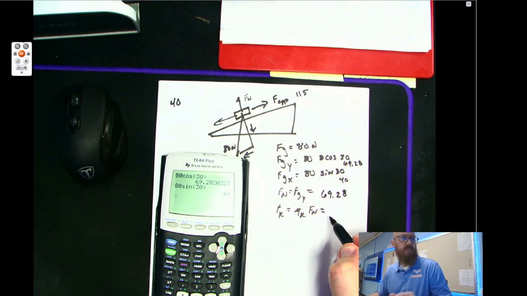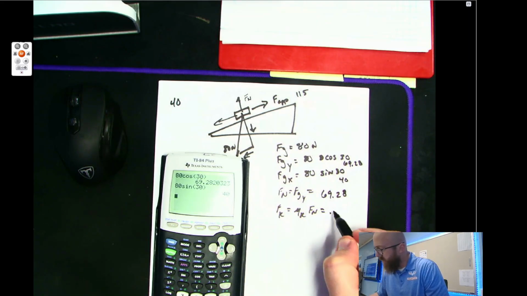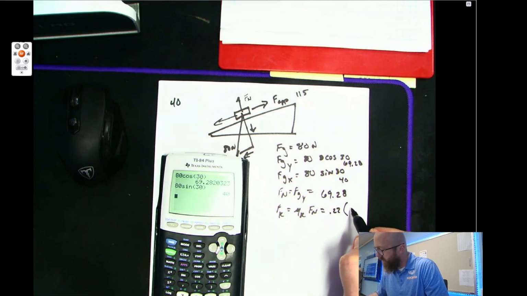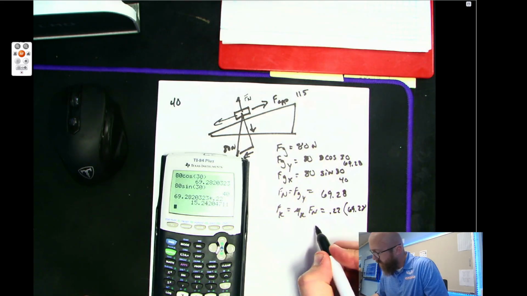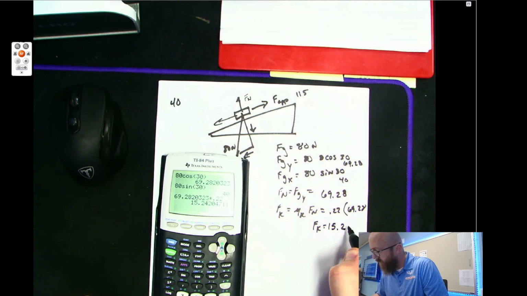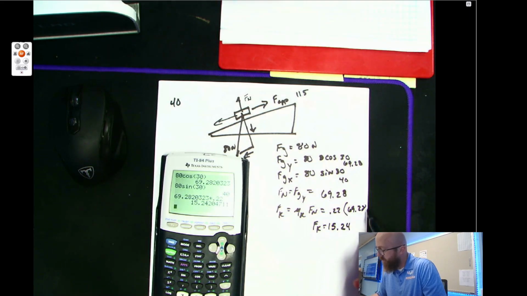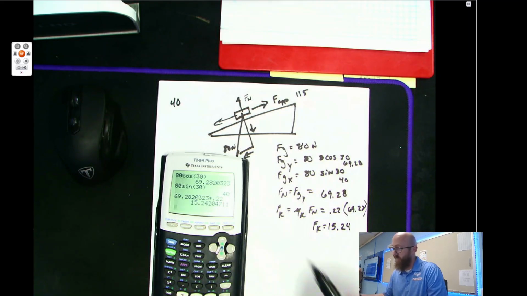This is the coefficient of friction. What did they give us? 0.22 times F of N, which is 69.28, times 0.22. So F of K is equal to 15.24. All right, so that's all my forces.